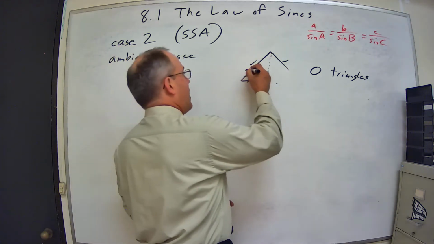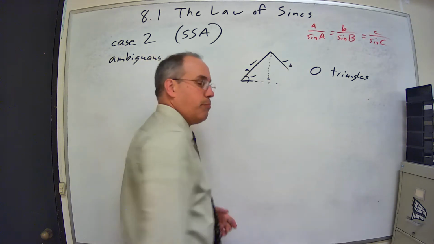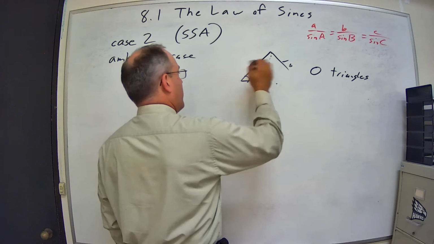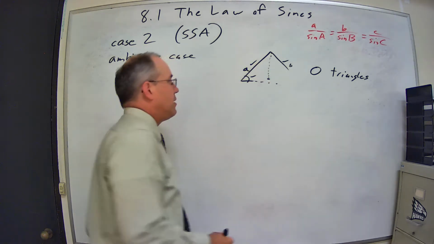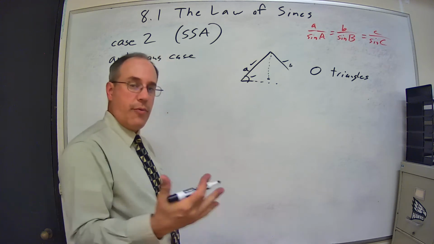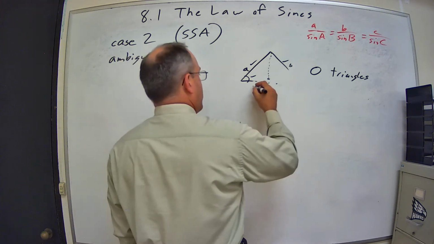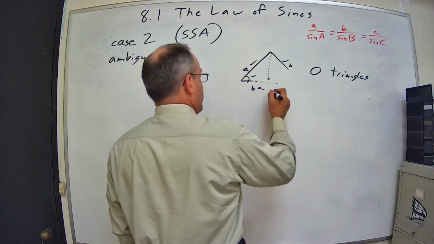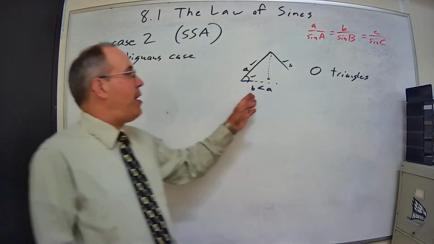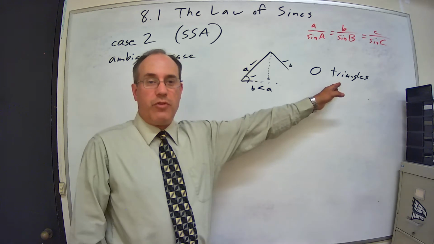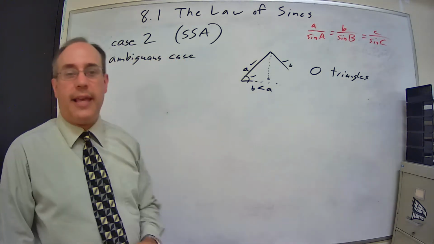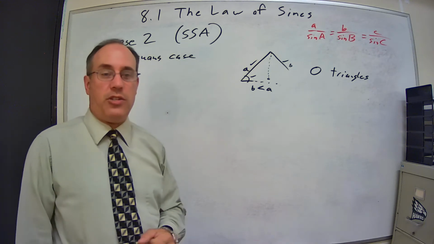So if I call this side A and this side B, let me make that A a little bit bigger for you. A and side B, our first indication that we may have a problem is that B is smaller than A. That by itself doesn't guarantee that we're going to have no triangles. But it's an indication that we may run into that situation.